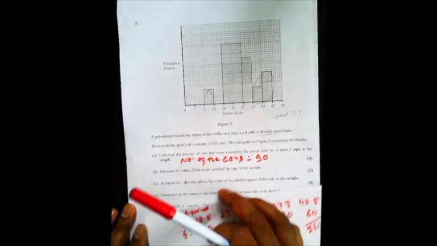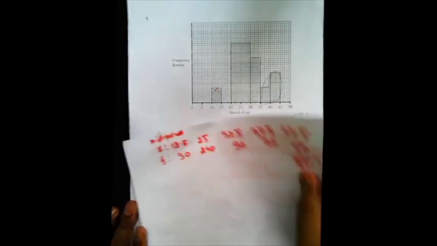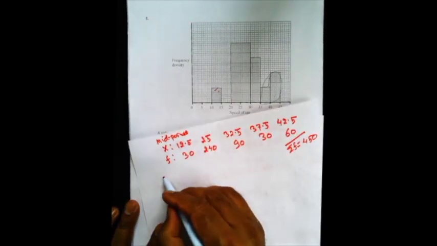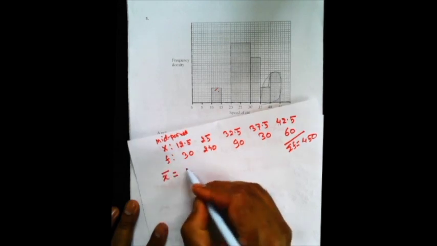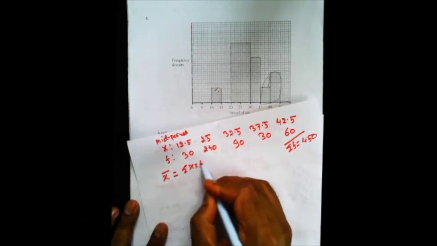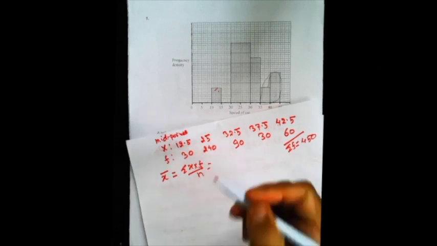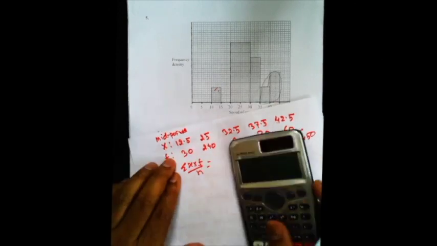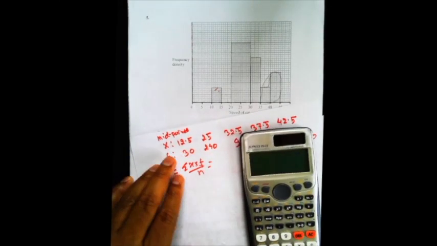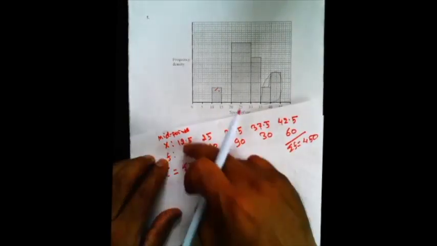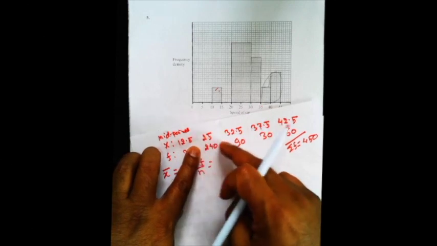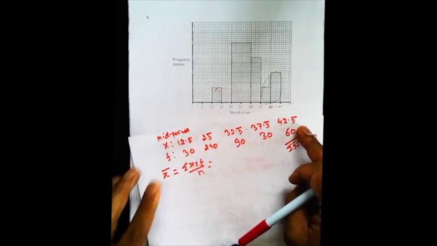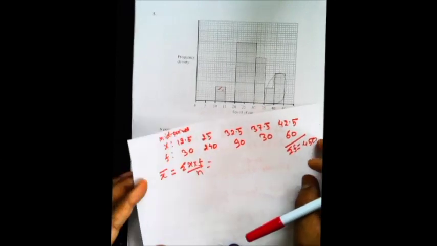In question B, it said estimate the value of the mean speed of the cars in the sample. That means you have to do x bar equals the summation of x times f divided by n. But you don't need to copy all this into the table. Just take the calculator and multiply these two values and separate them by a sum, and finally press enter to get the final answer.